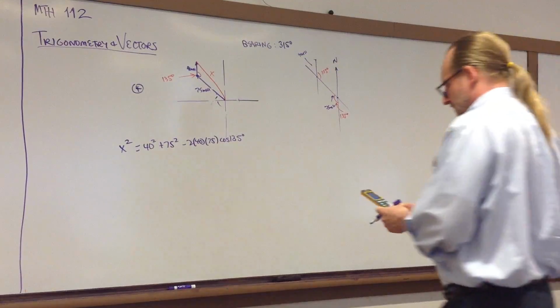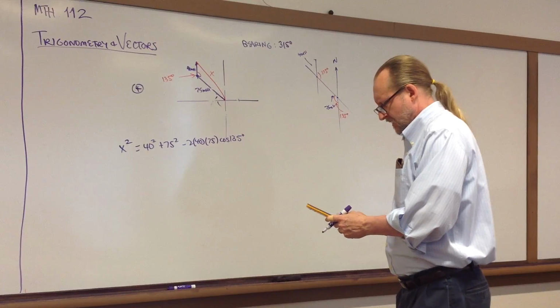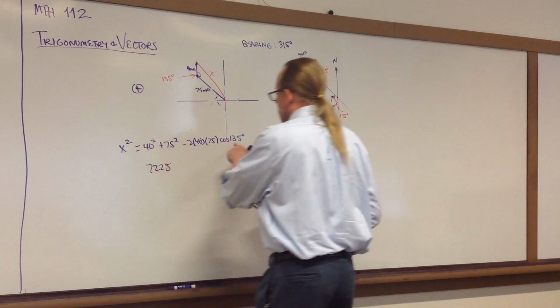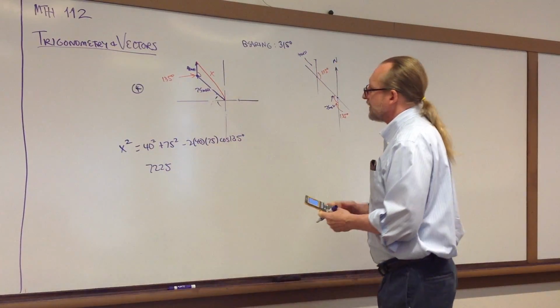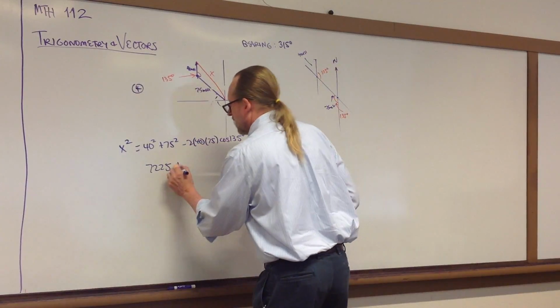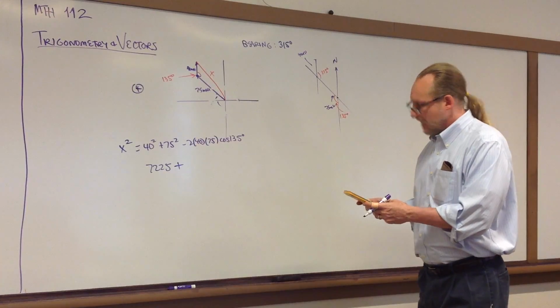Okay, so let's see here. 40 squared plus 75 squared is 7225. Now because that cosine 135 is going to be negative, this is going to end up as a positive. You'll have the negative there and the negative from the cosine.